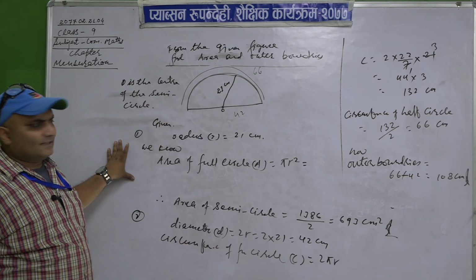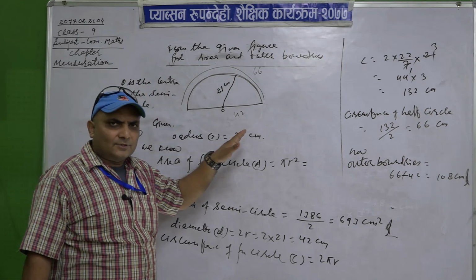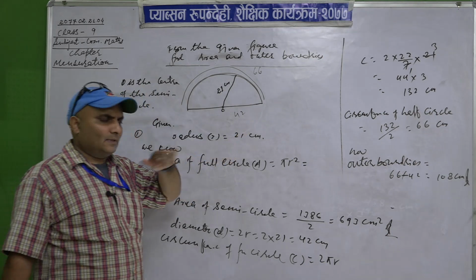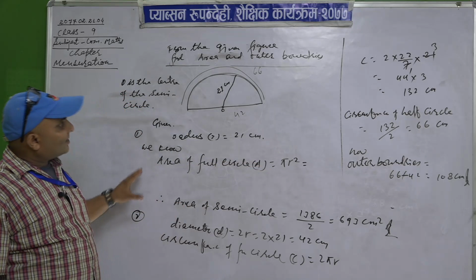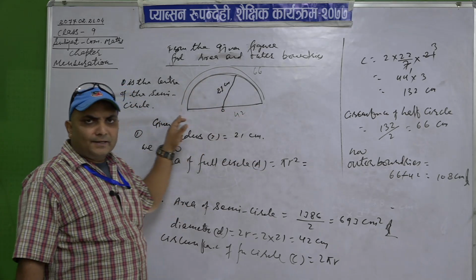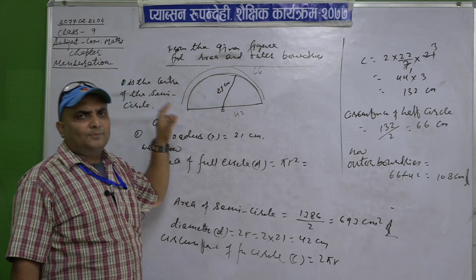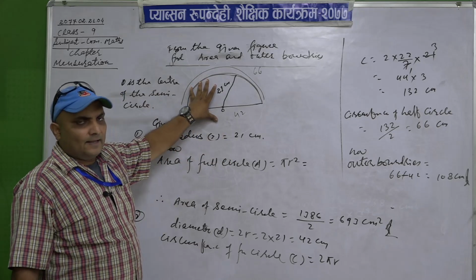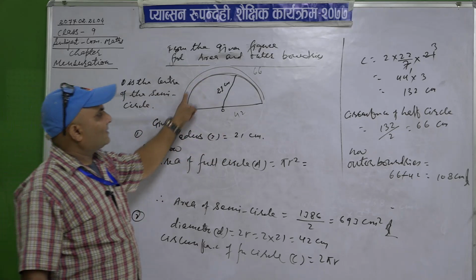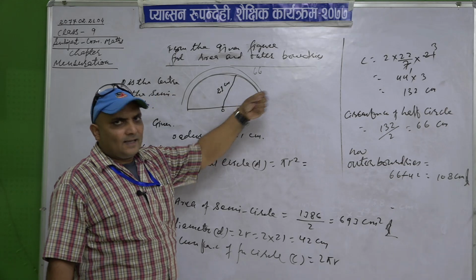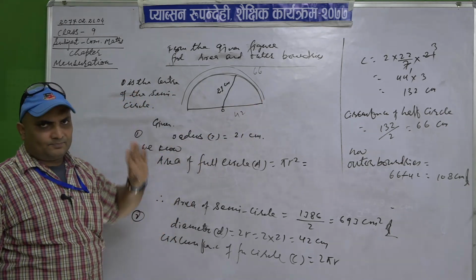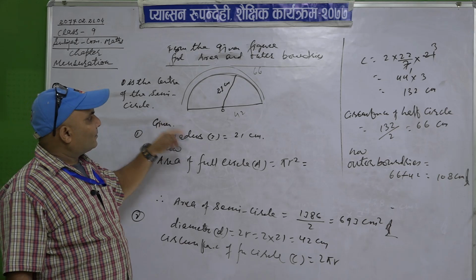The area is very easy. You find the area of the full circle, then you divide by 2. But be careful while finding the perimeter or circumference or outer boundary of the semicircle. Most of the students find only this half circumference as the answer. But what will we do?